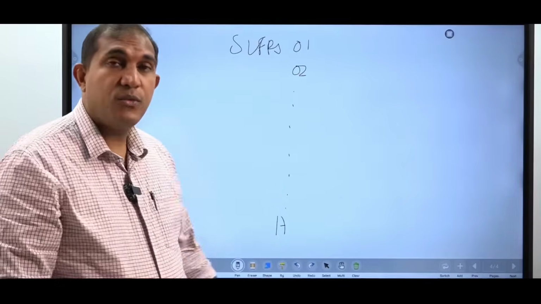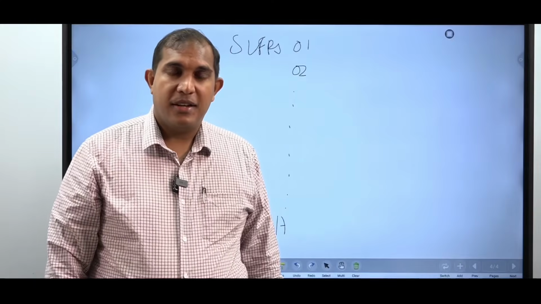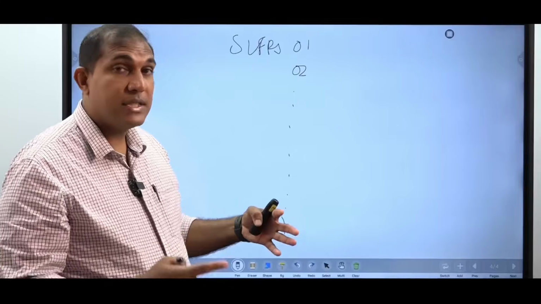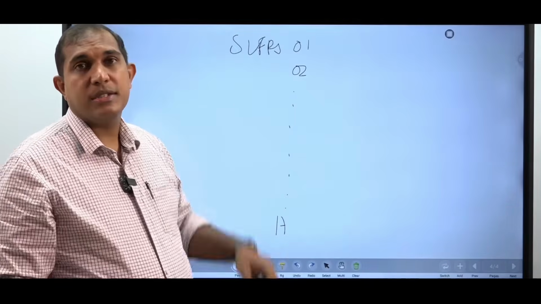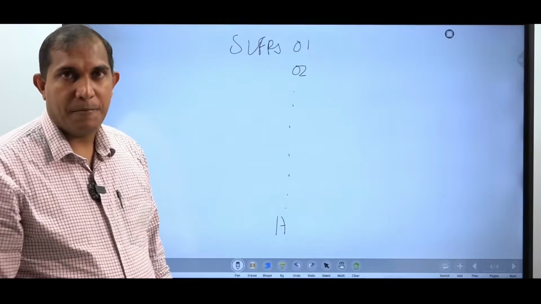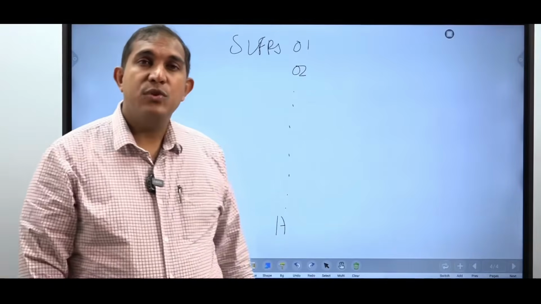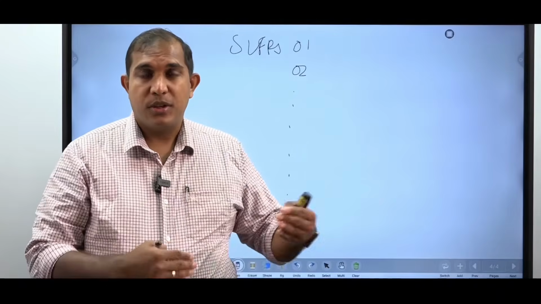SLFRS 1, first time adoption of IFRS. When a country adopts IFRS for the very first time, we need to follow this IFRS 1. In the Sri Lankan context, SLFRS, we have used this standard somewhere in 2012.